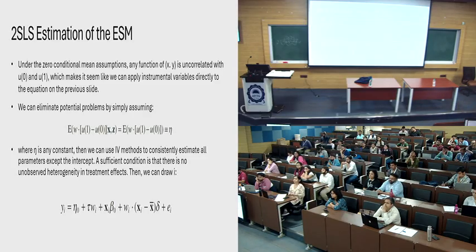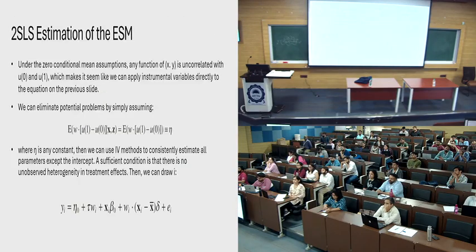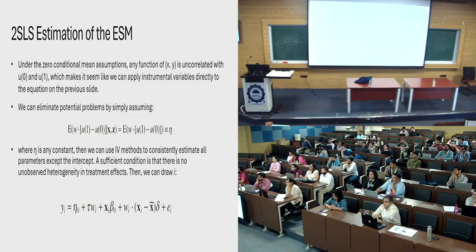What I can do first is think that any function of x, z is uncorrelated with u0 and u1. So we can then apply instrumental variables on the last equation of these slides. How do I do it? That's the most important one. First I want to think that the expected value of W times the difference in the error, conditional on x and the other variable z, is nothing but equal to some constant, which is eta.